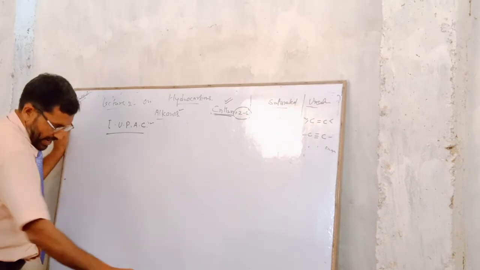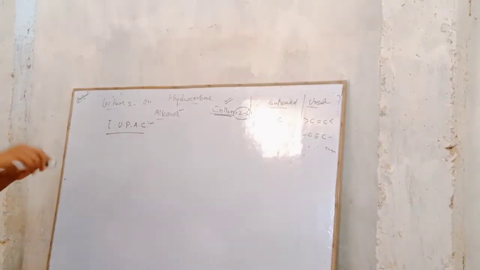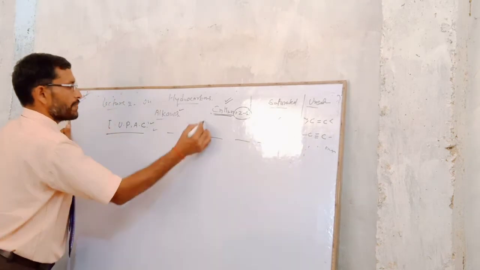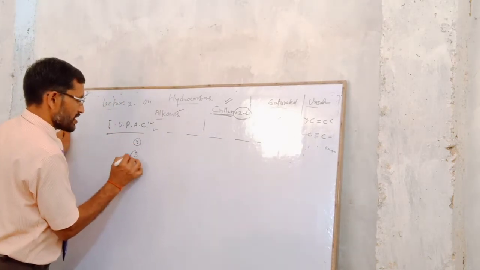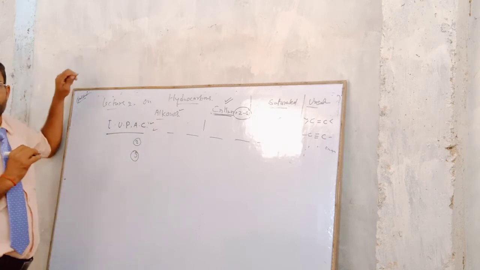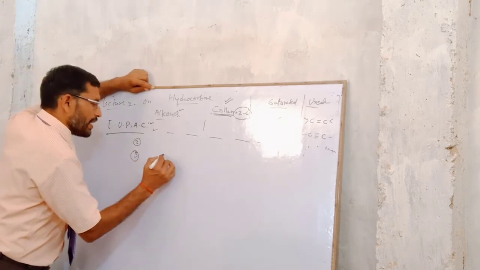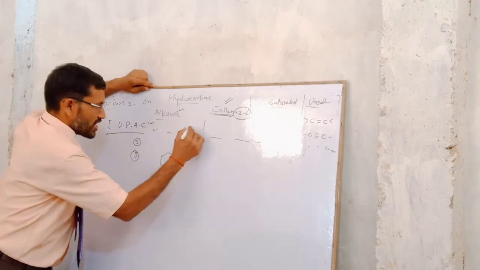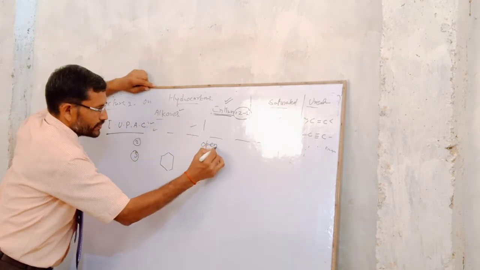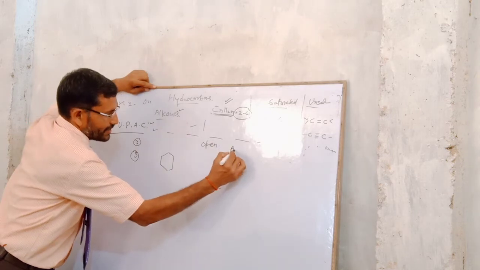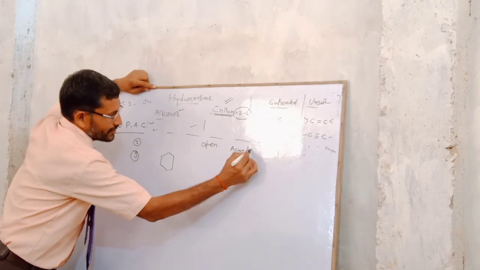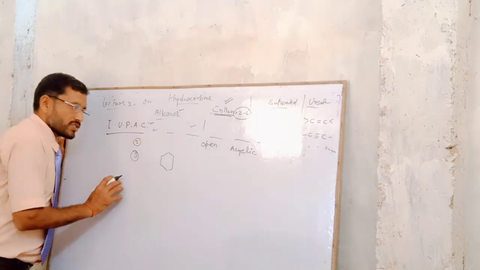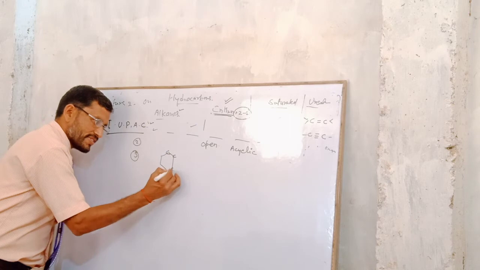See, again we have another rule. Longest chain, I had told you longest chain. Then after branching, what is the manner? Either they have a ring or these are open chains, called acyclic. If you have ring carbon, that carbon is arranged in the ring.